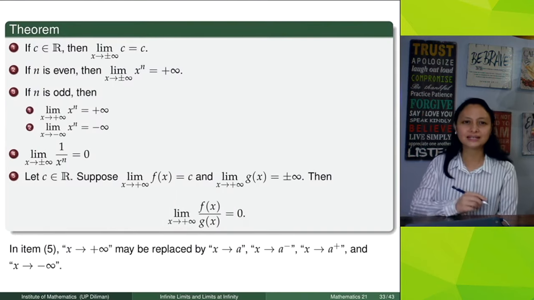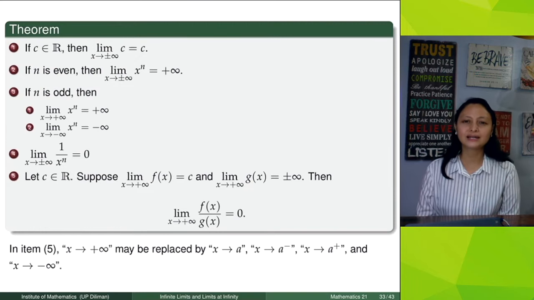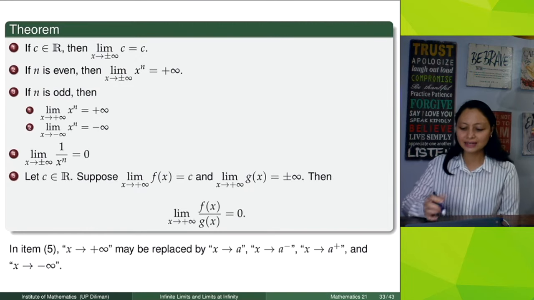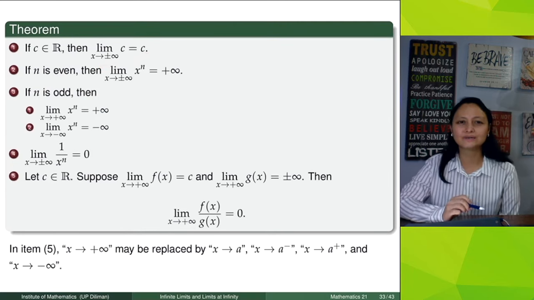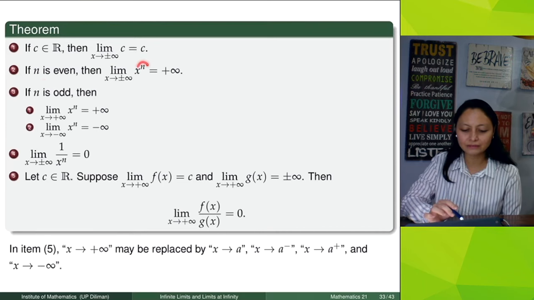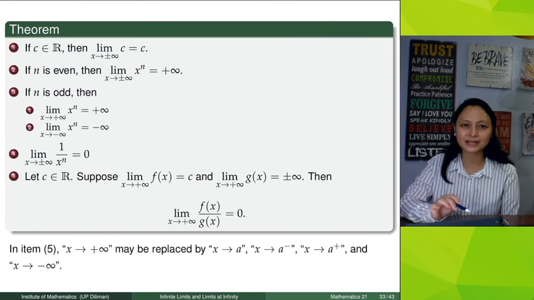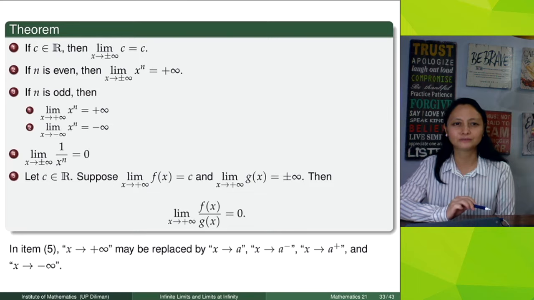Okay, so in general, ito na yung mga theorems. If c is a real number, ang limit ng constant as x approaches plus or minus infinity equals sa constant. Okay, if n is even, nakita natin kanina, kung ang exponent ng x ay even, so yung plus or minus infinity raised to an even exponent is always equal to positive infinity.